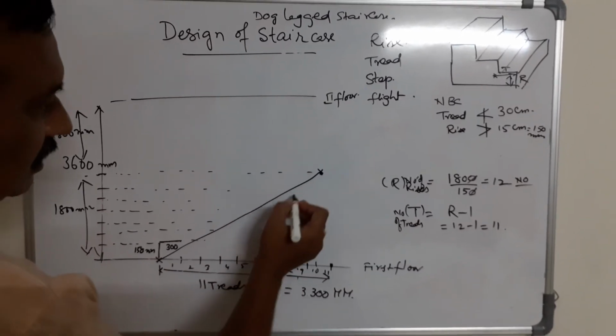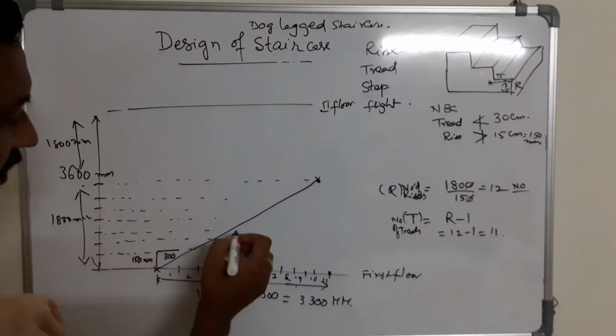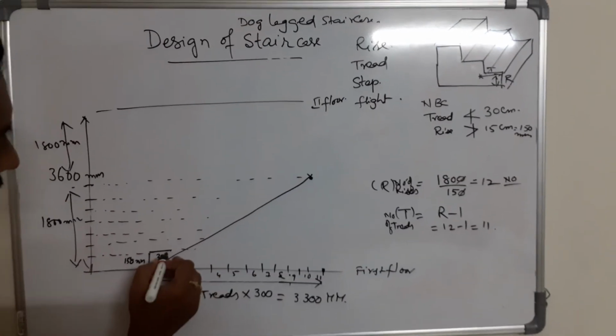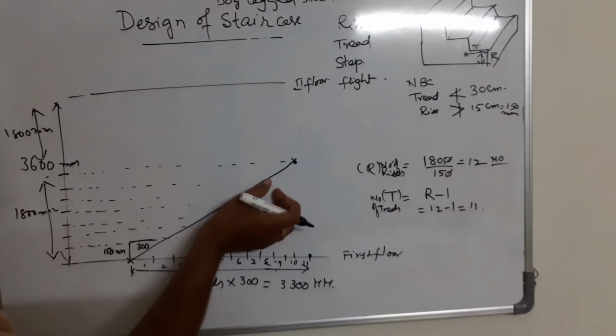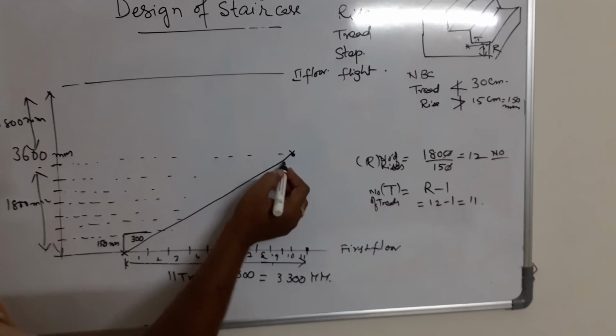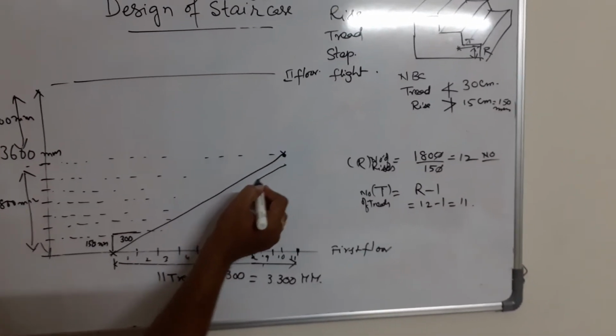From here, I am going to add the thickness of the base slab, which is 150 mm.